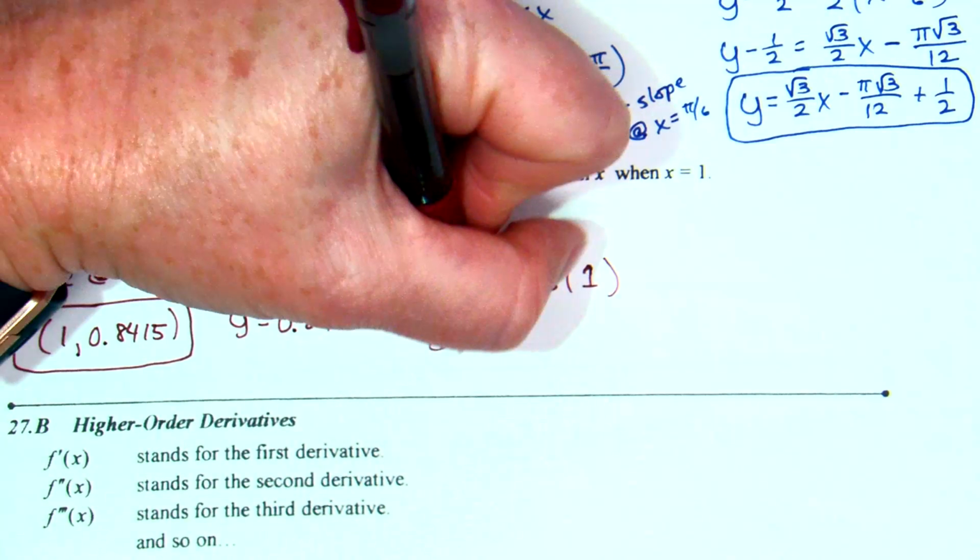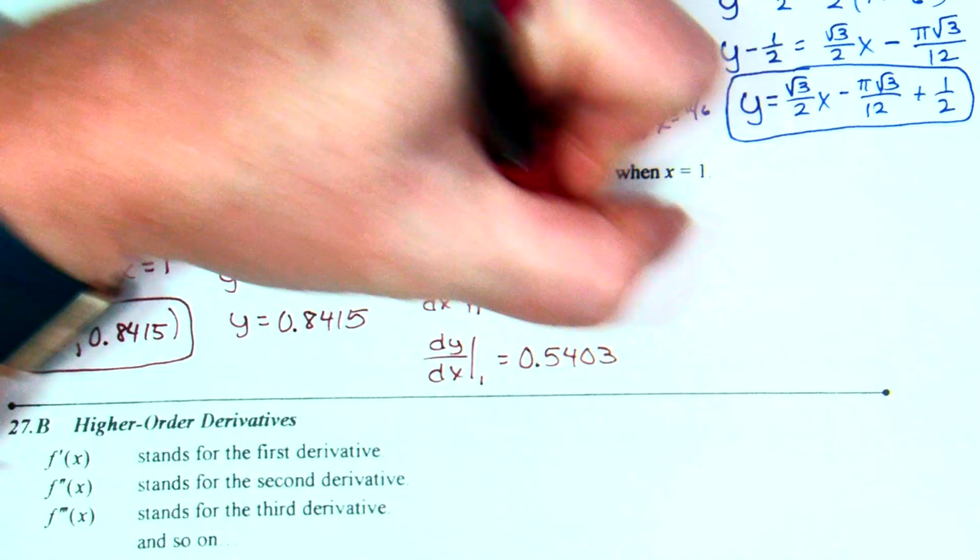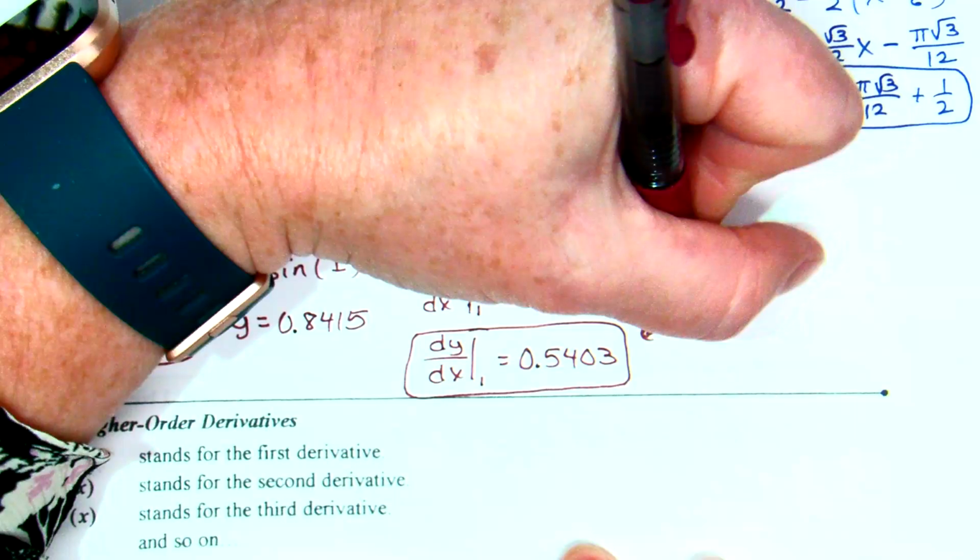And you probably figured out, if we had to plug in sine of 1 on the calculator, then you have to plug in cosine of 1. What is the cosine of 1? 0.5403. And what is that 0.5403? That is my slope at x equals 1. And again, I get it that you know that now, but I'm writing it down in case you forget it later.